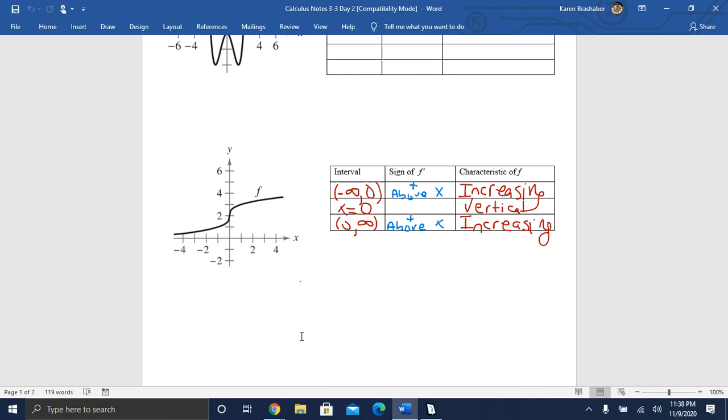So we're going to be graphing our derivative above the x-axis, but we've got this little spot on the y-axis where we see a vertical piece. And so that means that the derivative would be for a vertical tangent, which means that we have an undefined slope.